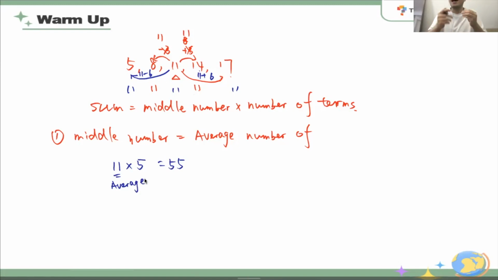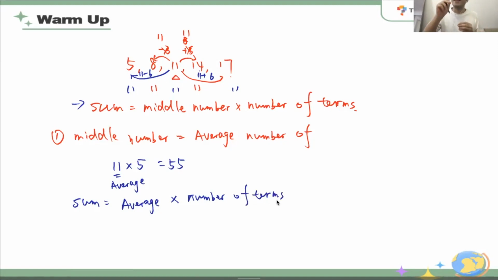And the reason we have this formula is that the sum is the average number times the number of terms. And also in this special sequence, the average is the middle number. Okay, if you can understand this basic reason, just type yes in the chat box, okay?